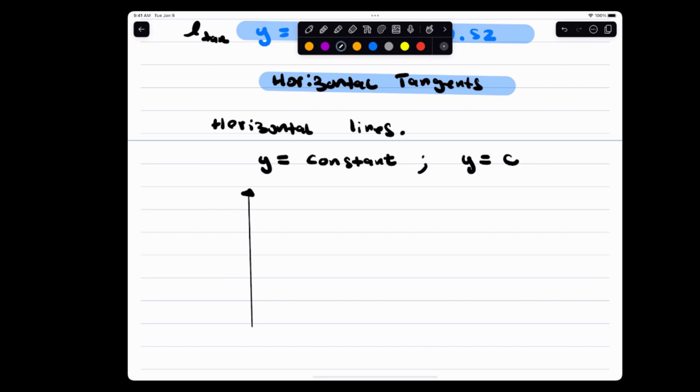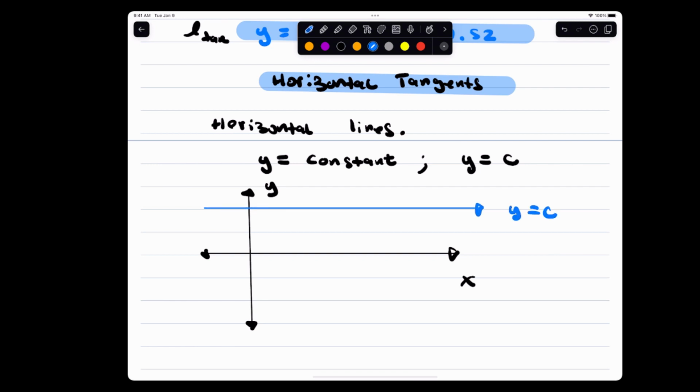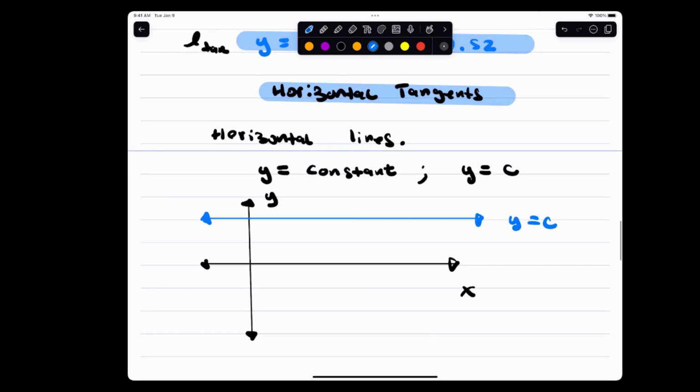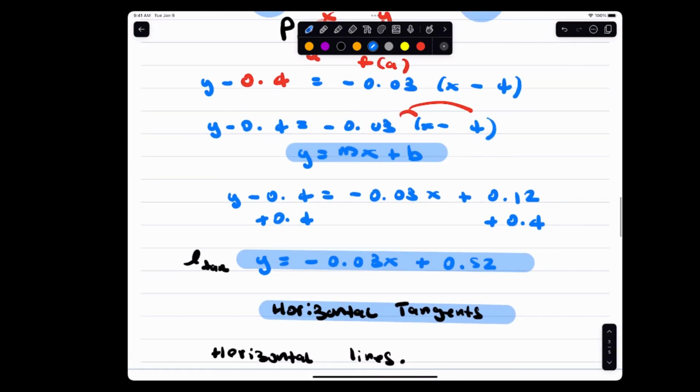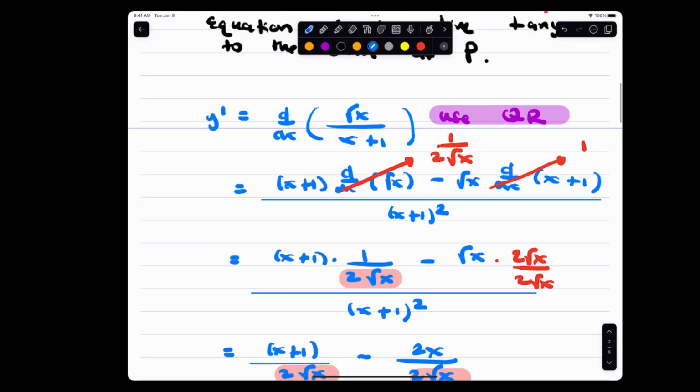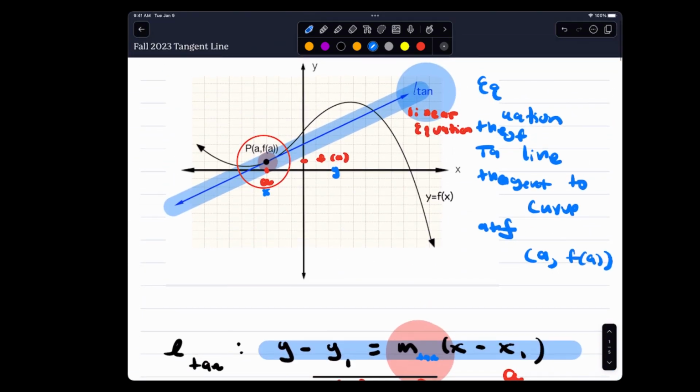So if I say, here's my y-axis, here's my x-axis, okay. Here's a horizontal line, y equals c. So that's just a horizontal line. What do you guys think we mean by having a horizontal tangent, though? Yeah, there's going to be a location. If I go back to this here, I'm going to erase all this.